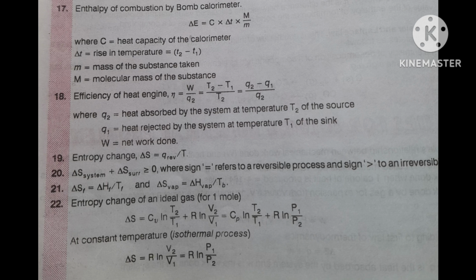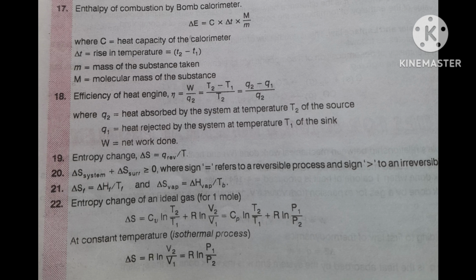And in the reverse way, if delta G is positive, then the process is non-spontaneous. The reaction will not take place simply. You have to put in conditions like some temperature, pressure, only then will the reaction take place.